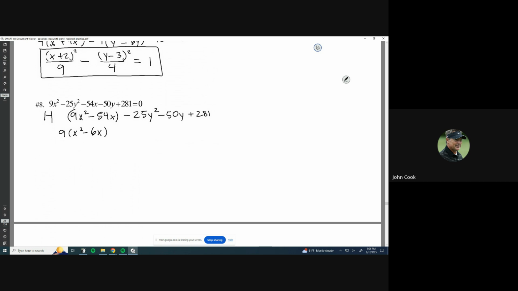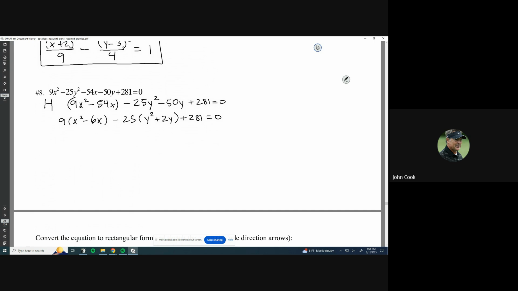And then if I factor out a negative 25, I get y squared plus 2y, plus 281 equals 0. And then complete the square, so 9, and then x minus 3 squared, minus 25, y plus 1 squared, plus 281 equals 0.